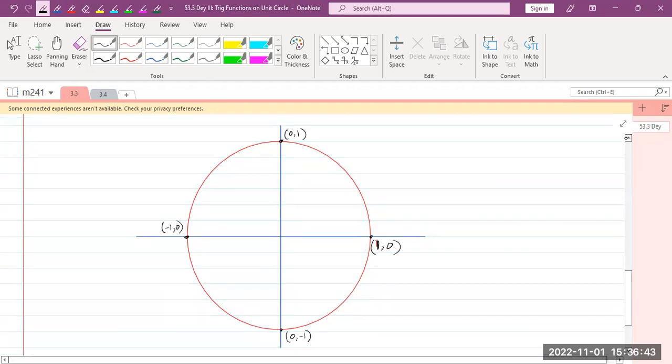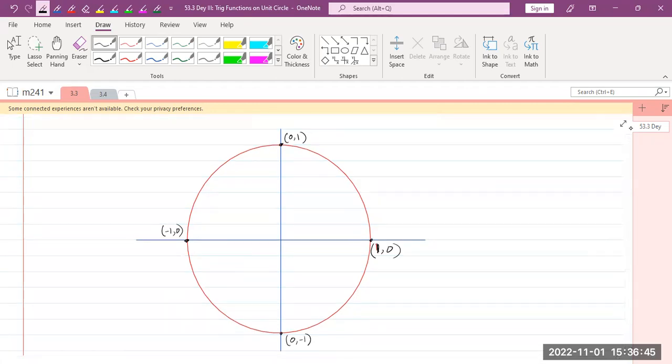Now notice, remember that the coordinate actually tells us the value of sine and cosine of the angle associated to it.